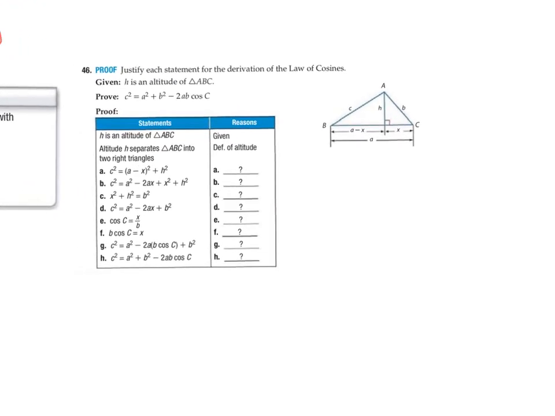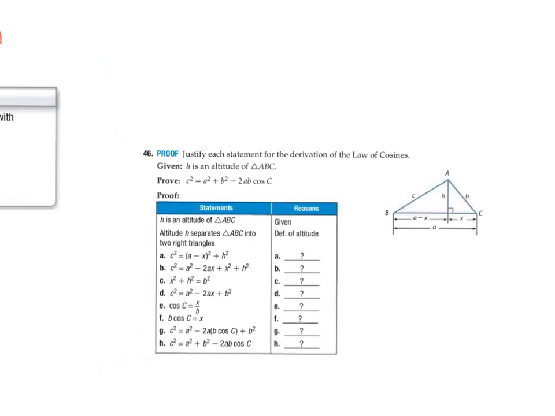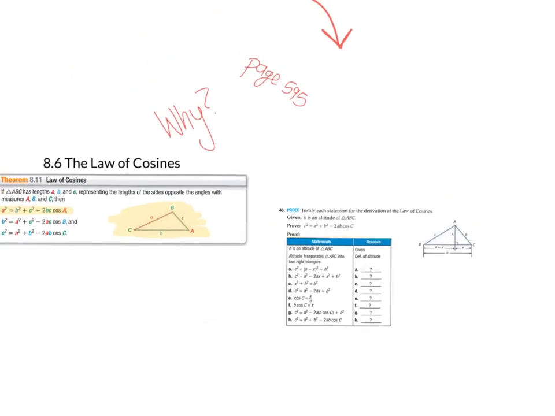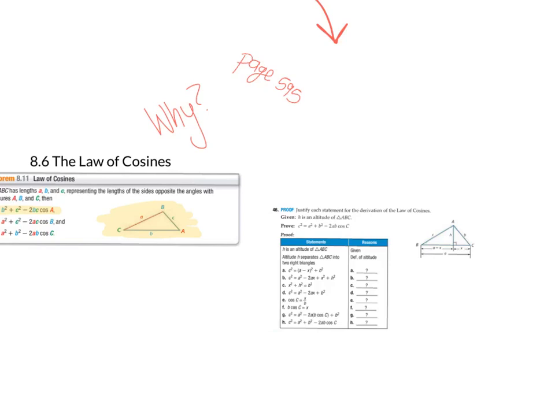If you want to fill in some of these reasons, the statements kind of walk you through where the law of cosines comes from. We already walked through the proof of the law of sines together, so we're going to skip the proof of the law of cosines. But again, if you're curious, take another look at number 46 on page 595 in your textbook, and it will give you a little more insight into where the law of cosines comes from.